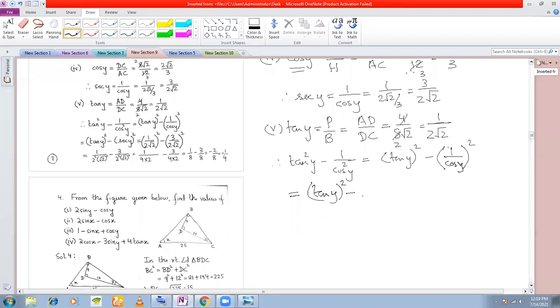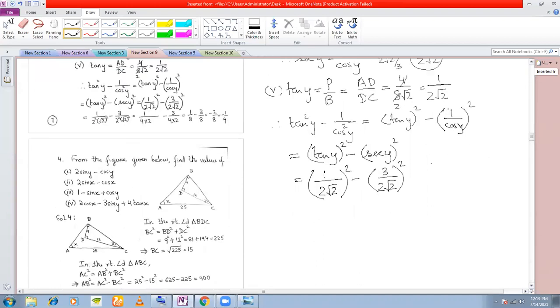What is 1 by cos y? It is sec y, right? Sec is the reciprocal of cos. And tan y we have calculated above as 1 by 2 root 2. And sec y here, how much have we calculated? 3 by 2 root 2, whole square. That's it. Now calculate this, you'll get your answer.